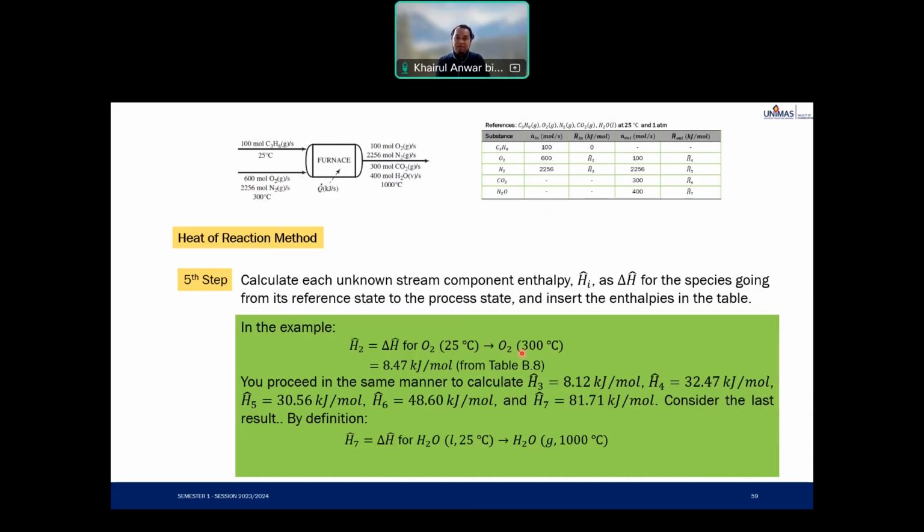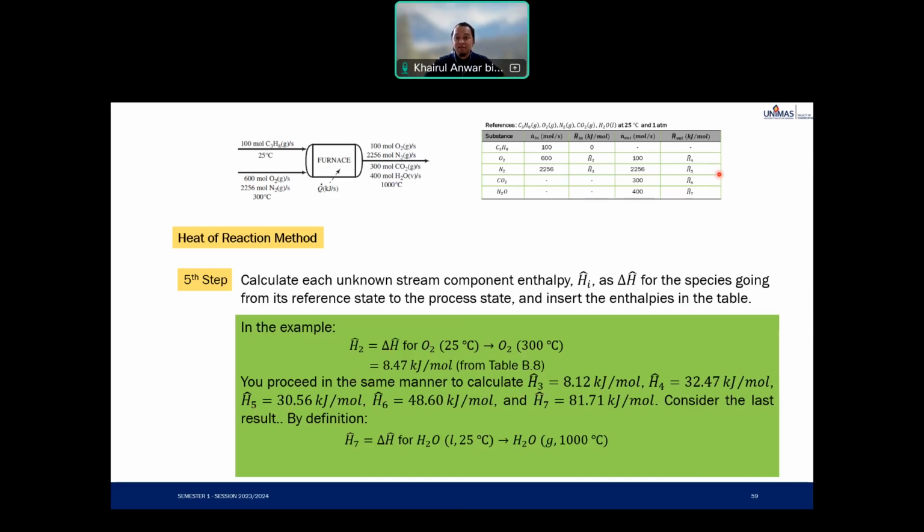If the temperature is, let's say, 250, there is no value at 250, so you need to do interpolation between 200 and 300. You proceed in the same manner to calculate H3.